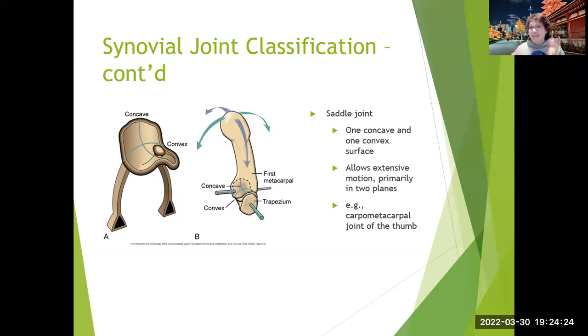So it's why dogs and cats live with us, because we can open things for them and get them food. But our first carpometacarpal joint, the carpometacarpal joint of the thumb, is a good example of a saddle joint, and we'll look at it in detail when we get to that.